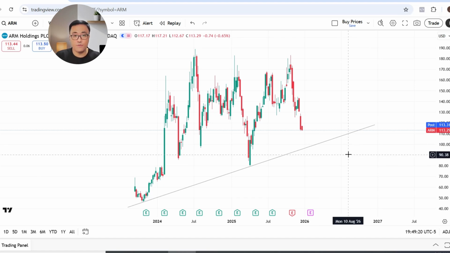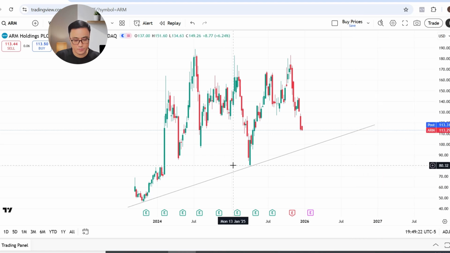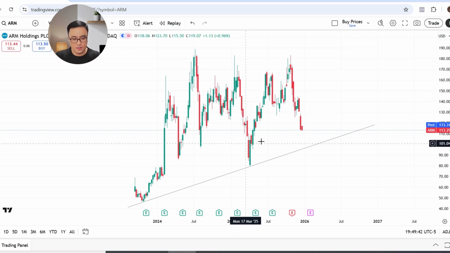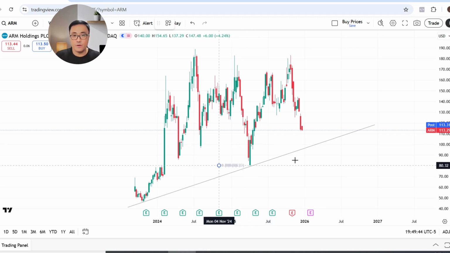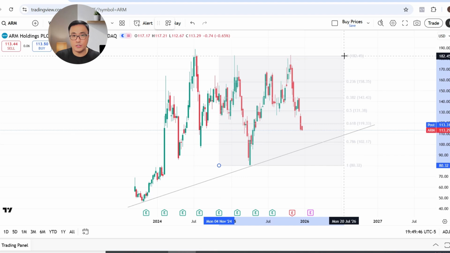Now, if I do a fib retrace, and I had talked about these different chart reading signals in previous videos. These are the most basic fundamental signal indicator tools that I use. I limit it to 4 plus 1. Fib is the plus 1. It's a little bit more advanced. Here's the fib retracement in action.